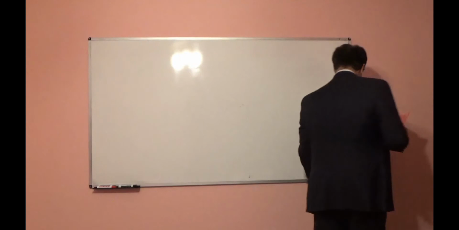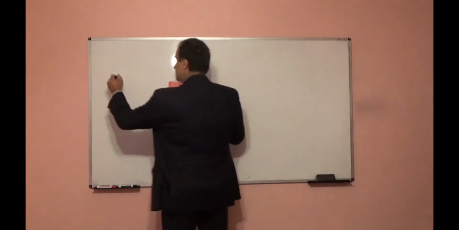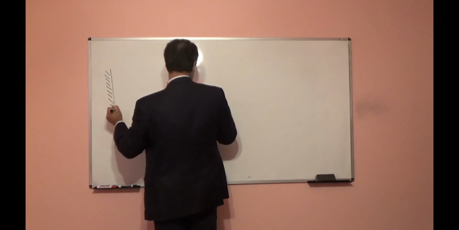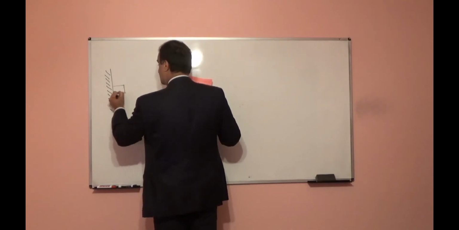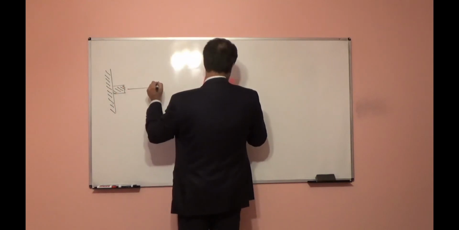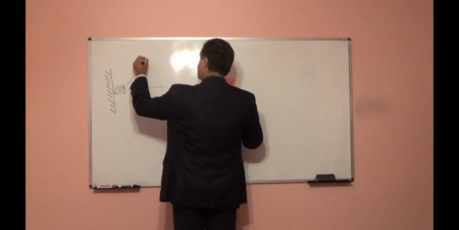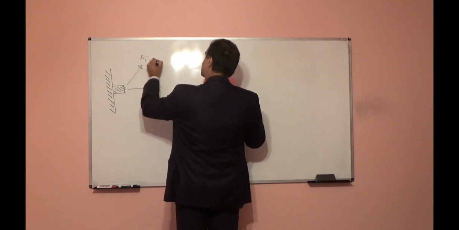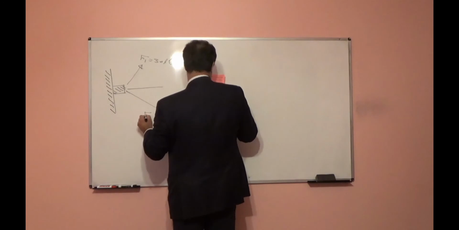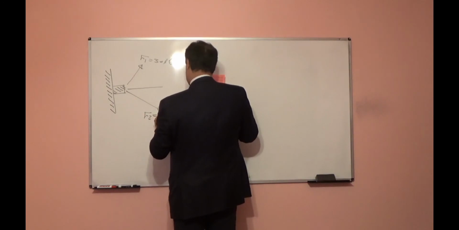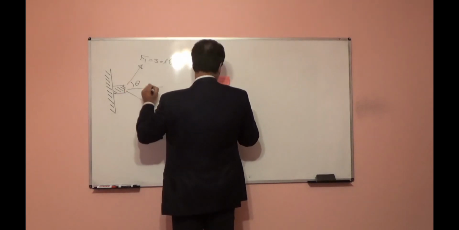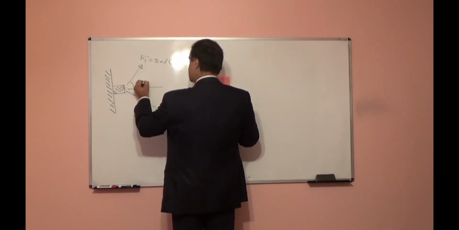Next example, again, wall. There is a support on this wall. Force F1, magnitude is 30 pounds, force F2, magnitude is 40 pounds. This angle is theta, we don't know what theta is.